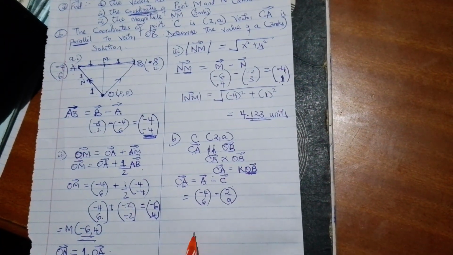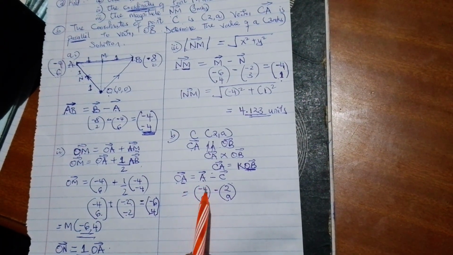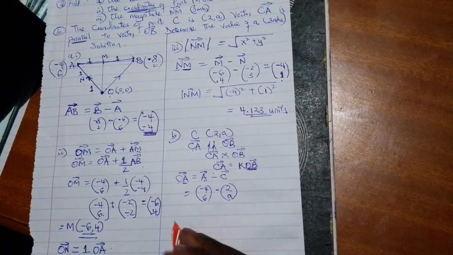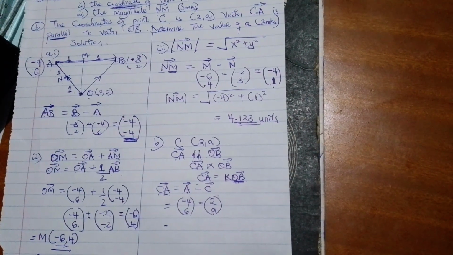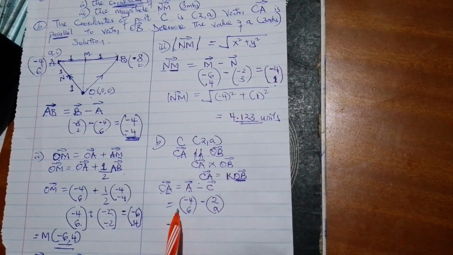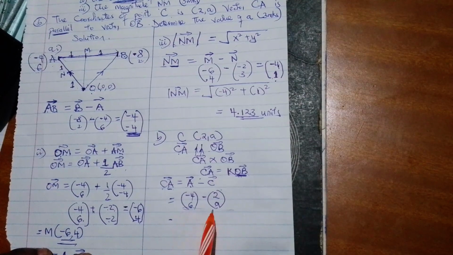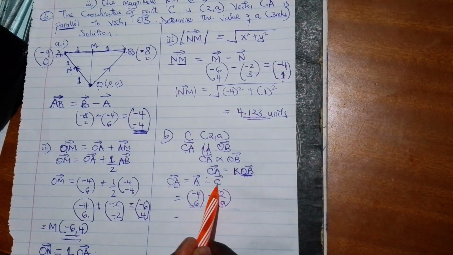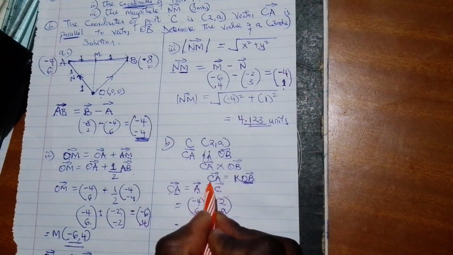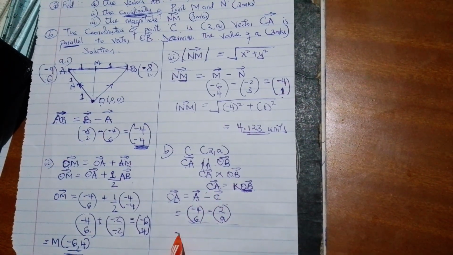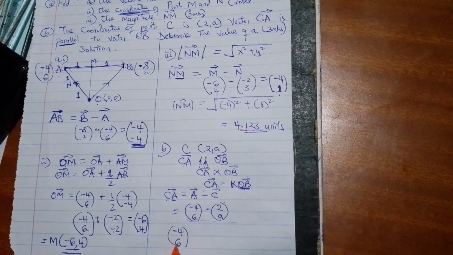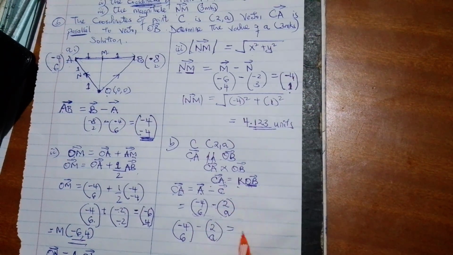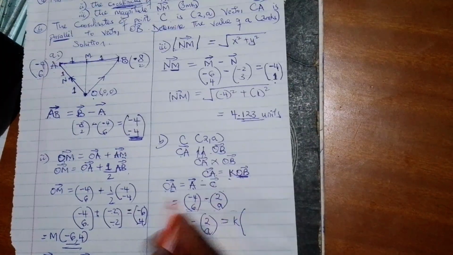This is vector CA. Negative 4, 6, that is A, minus 2, A, that is C. So vector CA, which is (negative 4 minus 2, 6 minus A), is equal to K of OB. Already we have OB, which is (negative 8, 2).